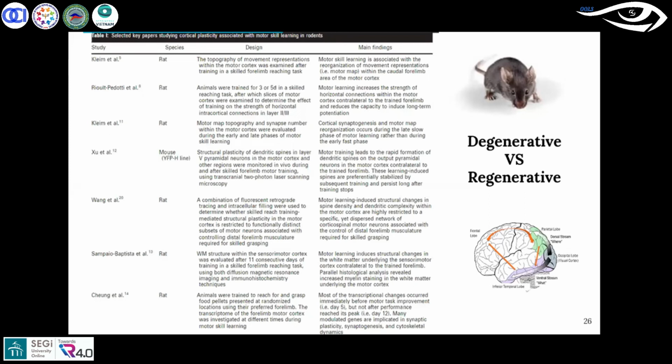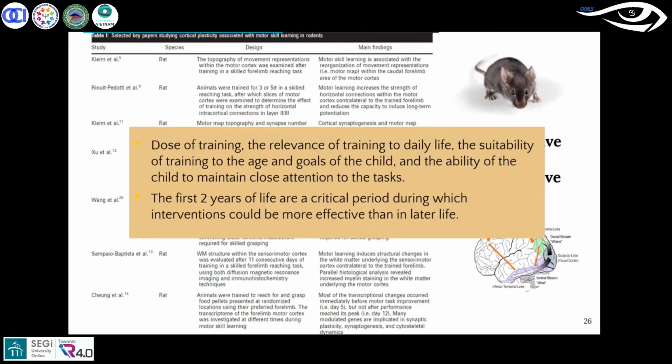They were doing this study on rats, on rodents, but in these studies you can see a summary about motor skills learning when given in a very structured way. The structured way of doing a strategy depends on a few things.